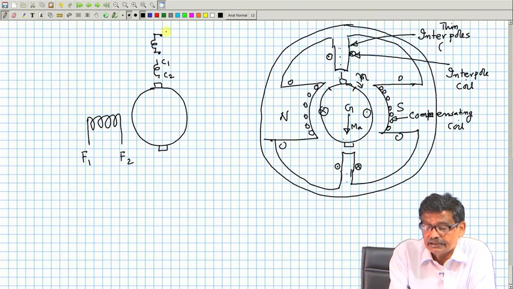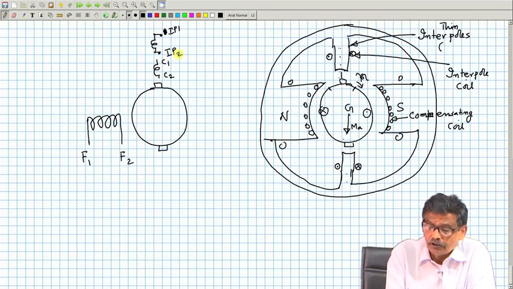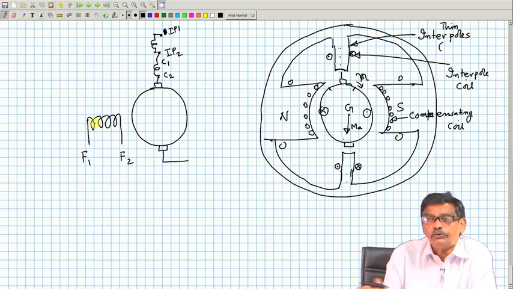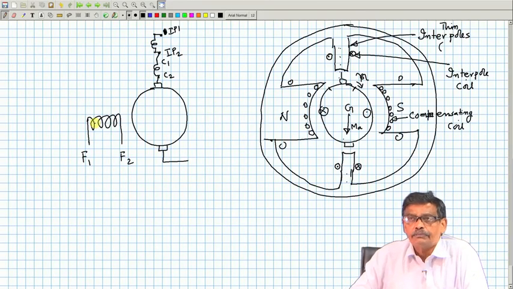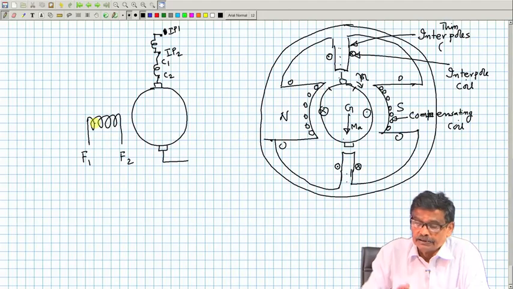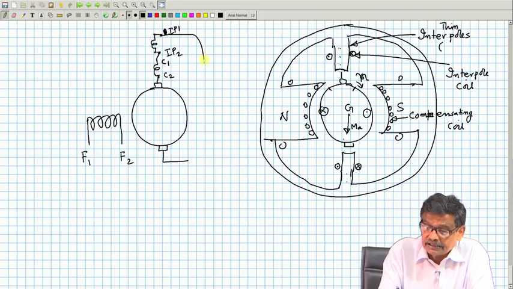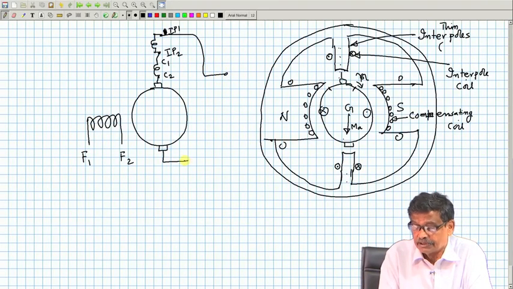Compensating, and this is interpole, IP1 and IP2. And this also is to be connected in series with the armature, so that it can react to any armature value of the current properly. So, that then will become your armature terminals.